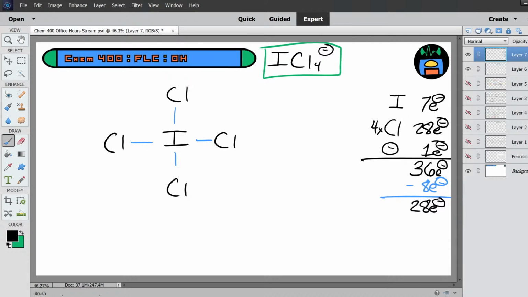Now each chlorine needs 6 more to fill out its octet, and we have 4 of them, so 6 times 4 is 24. So you can see that we are going to have 4 electrons left over. But first let's complete our dots.